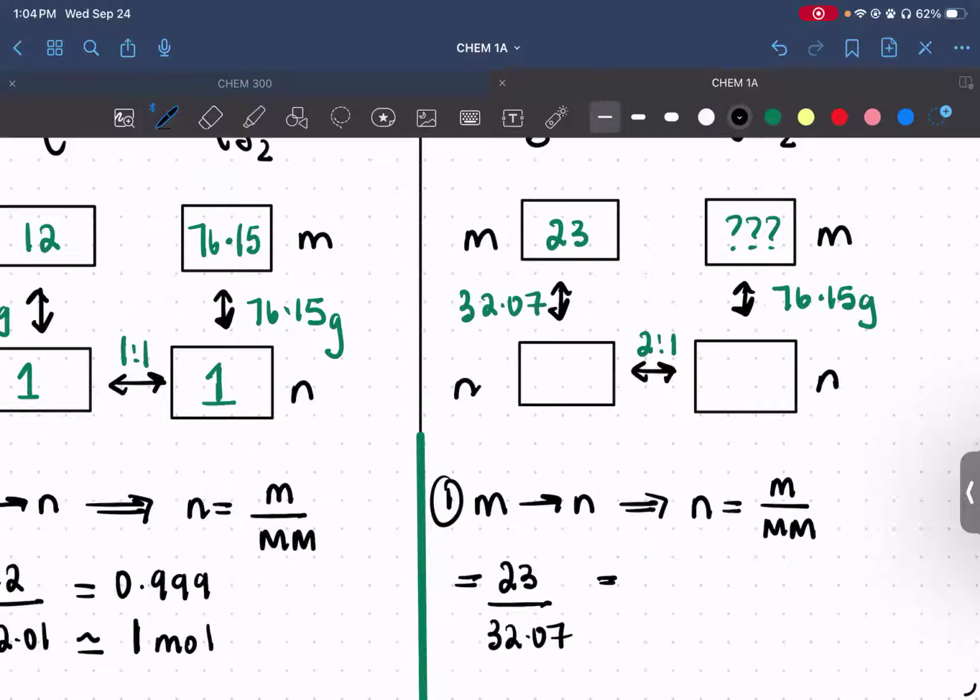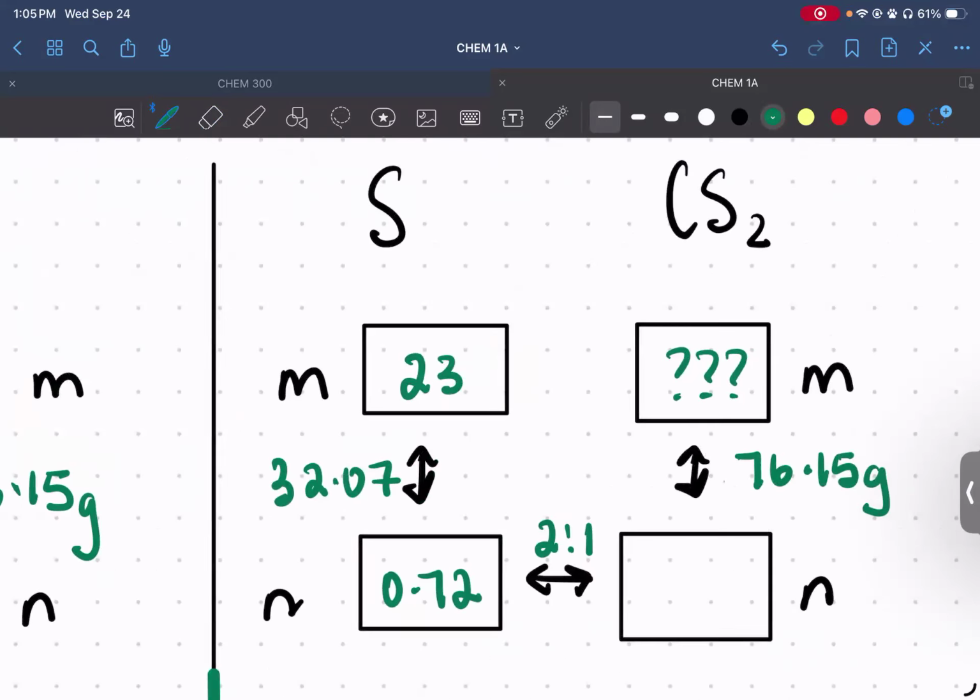Putting this into my calculator, I get 0.717. I can approximately round this to 0.72. Now we're back at the ratio step, mole ratio right here.